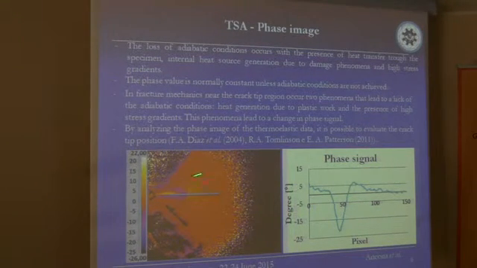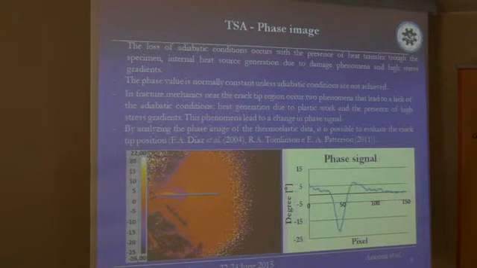The phase value is normally constant unless the adiabatic condition is not achieved. So in fracture mechanics, near the crack tip region, two phenomena occur that lead to a lack of the adiabatic conditions: the heat generation due to plastic work and the presence of high stress gradients. These phenomena lead to a change in the phase signal.